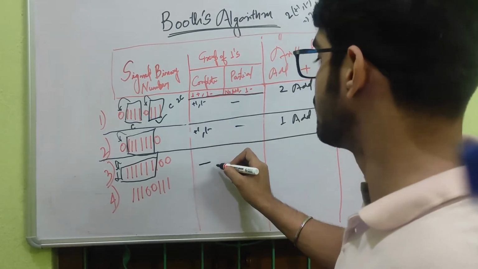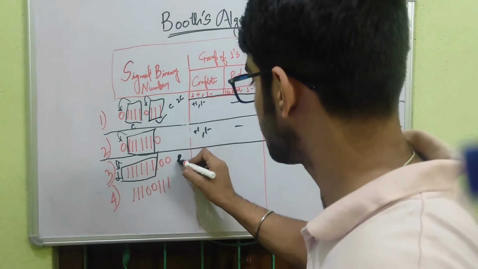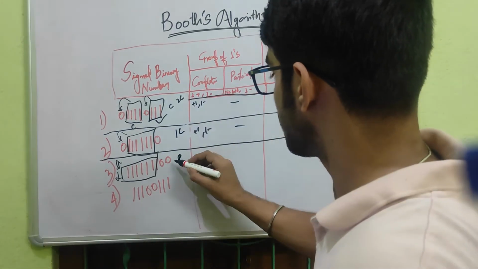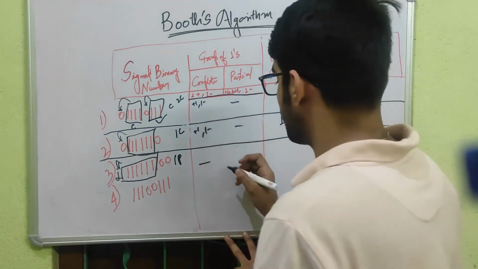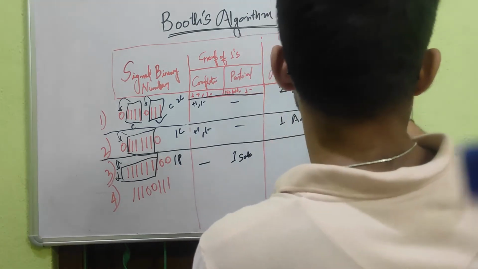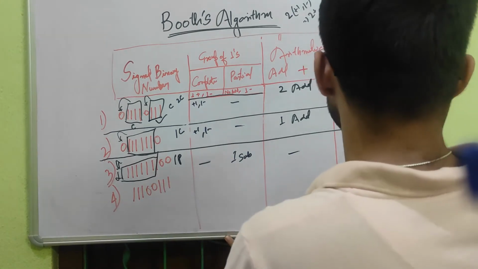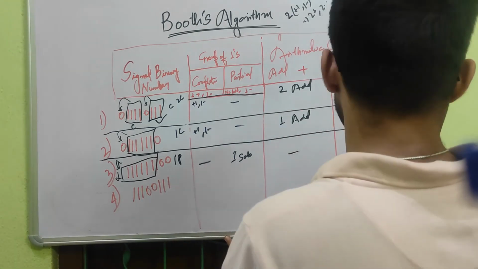We do not have any operations for a complete group because there isn't one. So we have one partial, so we have one subtraction.